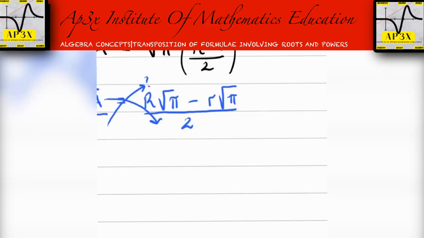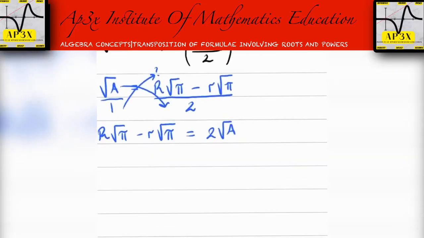So we start off with the subject side: 1 multiplied by the numerator gives us exactly what is at the top, big R square root pi minus small r square root pi is equal to 2 multiplied by the square root of A. So that's 2 square root A.